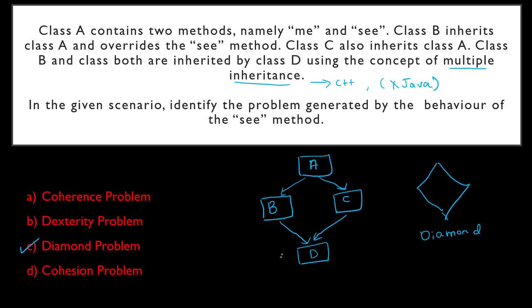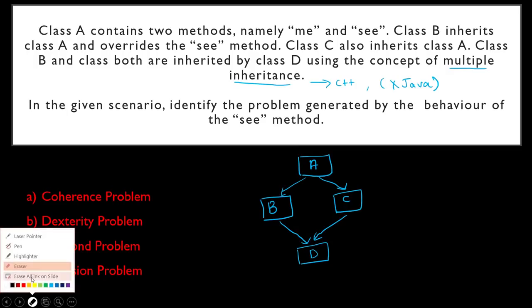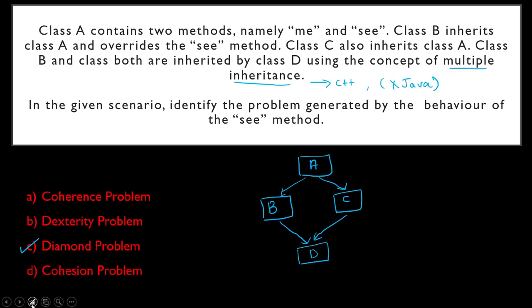Now, what problem is happening here? We need to understand that. Not just answering the question, you need to know the concept. See here, class A has what methods? Me and C method, right?